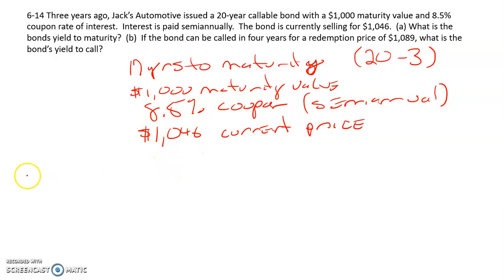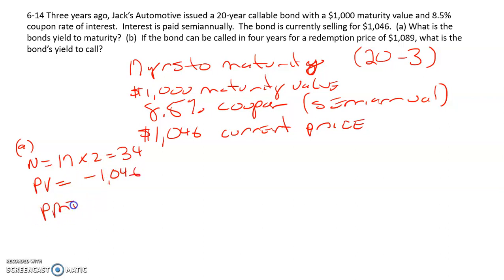So the first part here, for part A, our N is 17 times 2, 34 semi-annual periods. The PV is the current market price, or current price, 1,046.